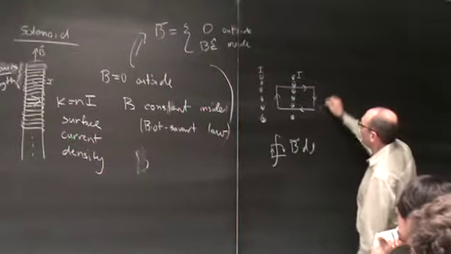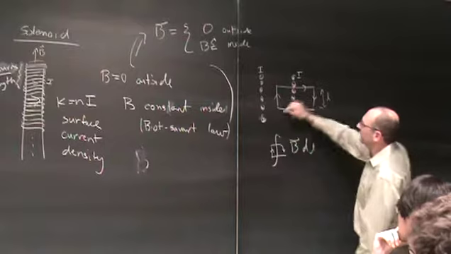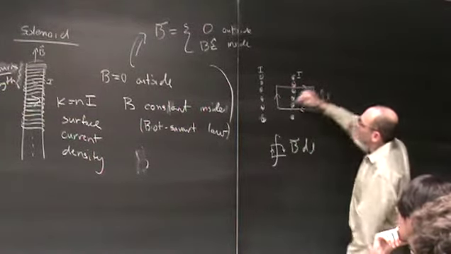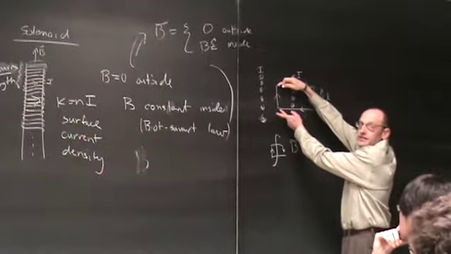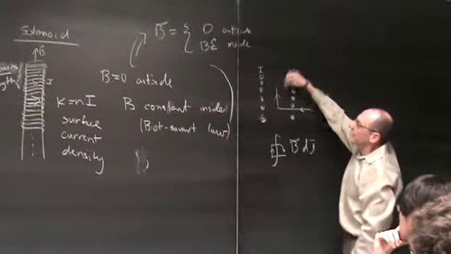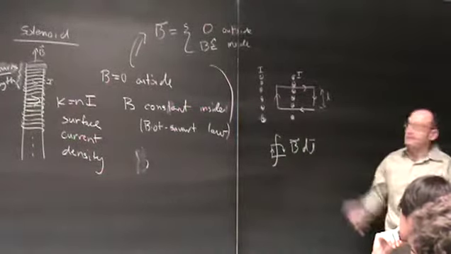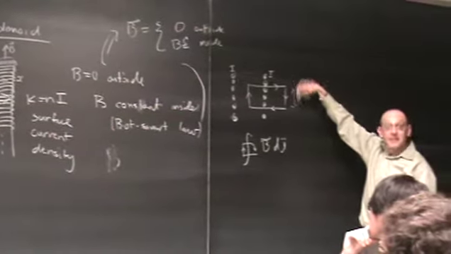Well, if I call the length of this thing L, B is constant along here. The only leg of this loop which contributes to the circulation integral is this one, because B dot dl is 0 here, since B is along the z direction and this is perpendicular to it. B dot dl is 0 out here because the magnetic field is 0 out there.